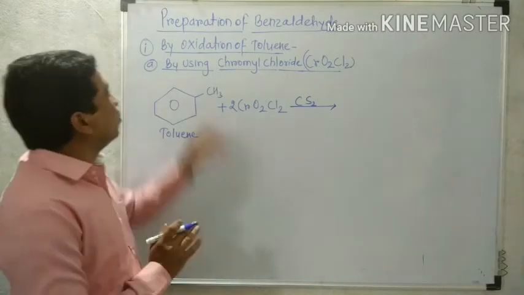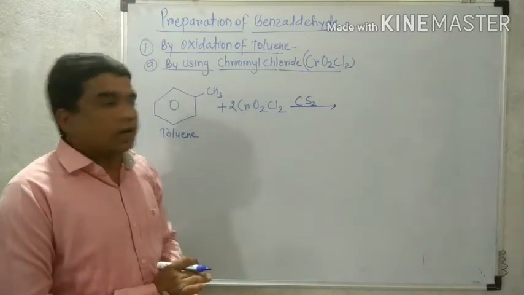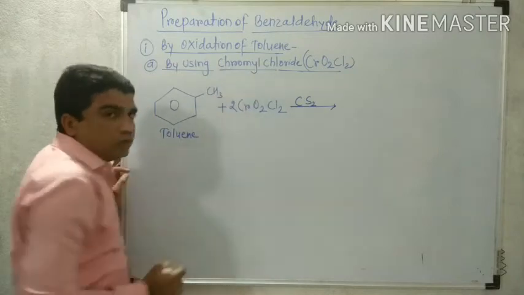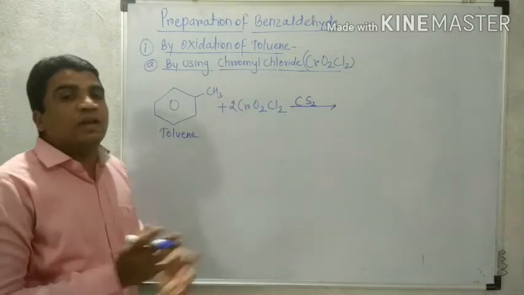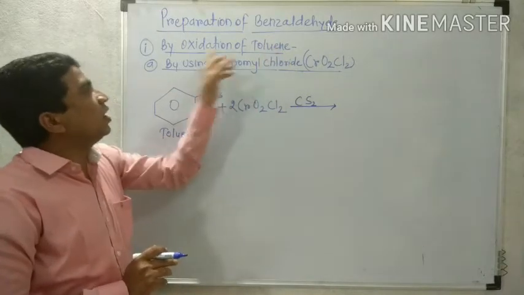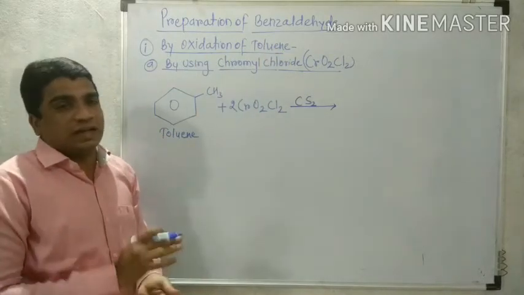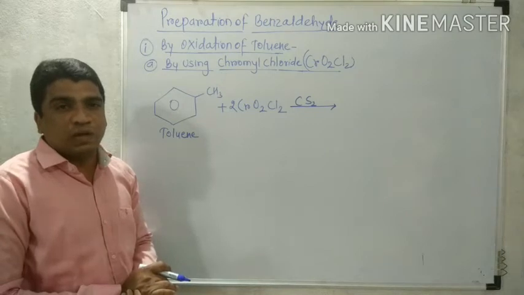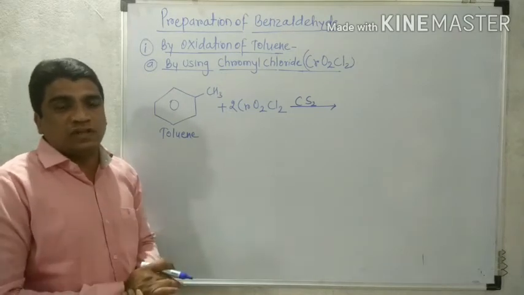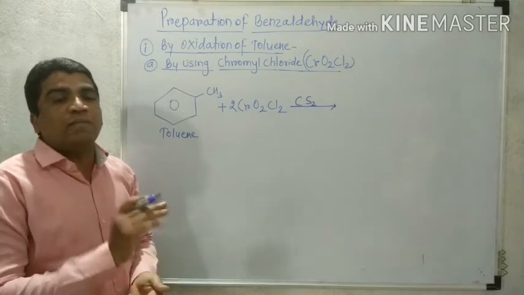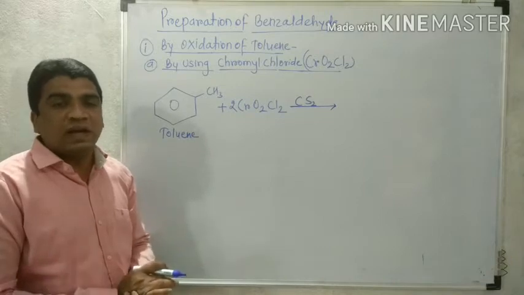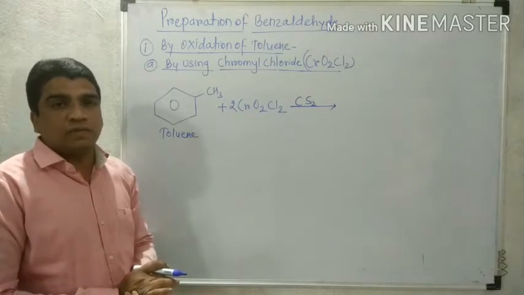From that, we are going to discuss the first method for the preparation of benzaldehyde, that is by oxidation of toluene. We know that methyl benzene, also called toluene, when it undergoes oxidation, can be converted to benzaldehyde. But an important note for this oxidation of toluene is that we require a mild oxidizing agent, not a strong oxidizing agent like KMnO4.